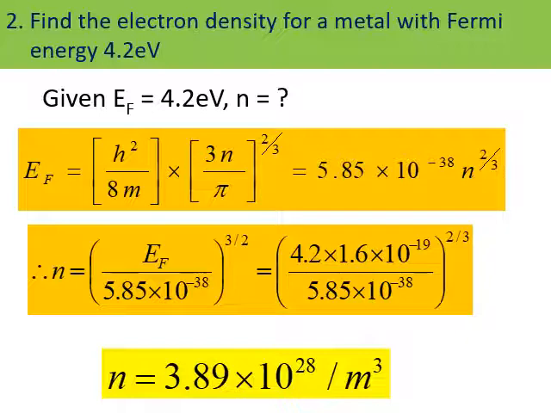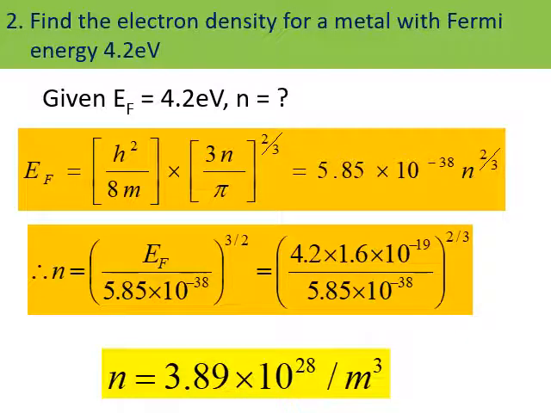We are aware the Fermi energy at 0 Kelvin is given by the equation h square by 8m into (3n by pi) all to the power 2 by 3, where n is the number of electrons per unit volume, m is the mass, and h is Planck's constant. Here h square by 8m into (3 by pi) all to the power 2 by 3 is a constant, with a value 5.85 × 10^-38, and n to the power 2 by 3 is the variable.